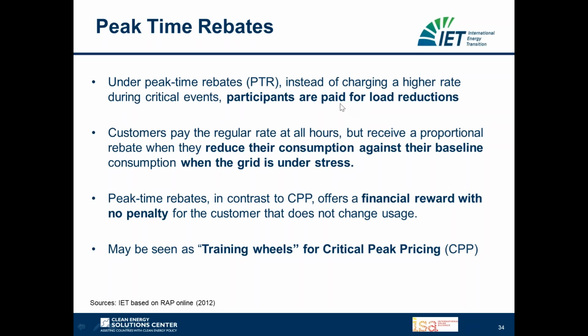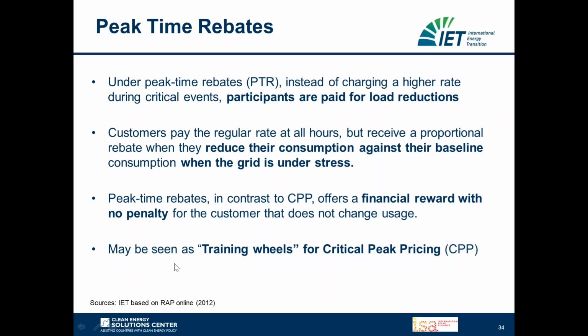The participants are paid for the load reductions which they contribute to during critical hours of the grid. Customers just pay the regular rates at all hours, but they receive a proportional rebate when they reduce their consumption against the baseline, which you need to calculate in advance, when the grid is under stress. So there's a financial reward and no penalty.